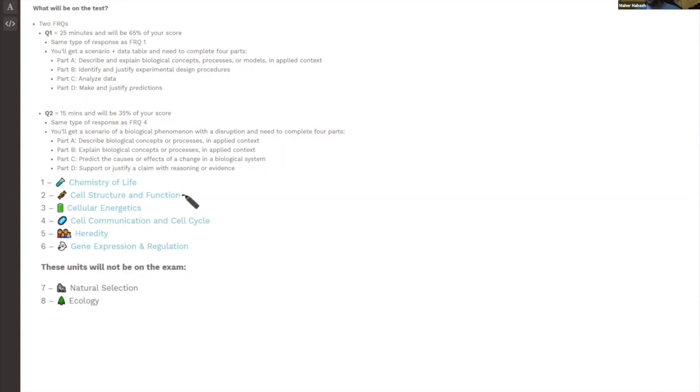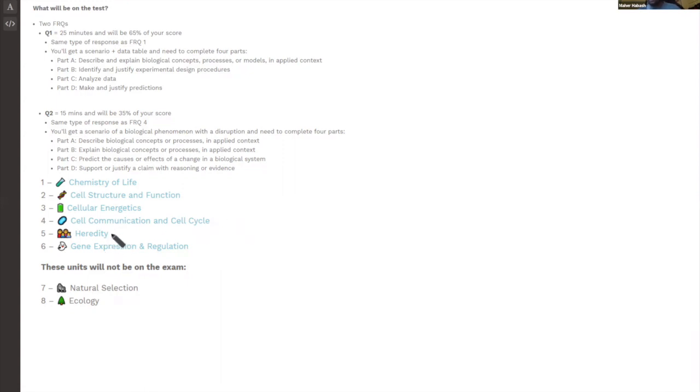And you're going to need to know the functions of all the organelles. Cellular energetics includes photosynthesis, cellular respiration, stuff like that, transport. Then cell communication and the cell cycle, basically how cells signal to each other, what's going on in the cell cycle, mitosis or meiosis.